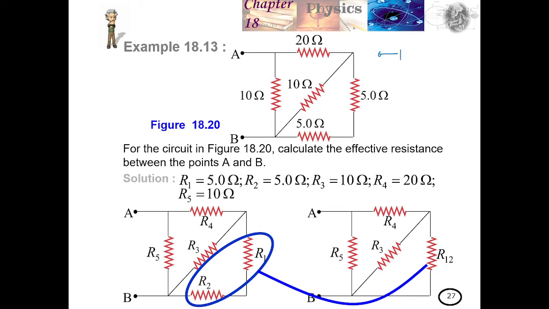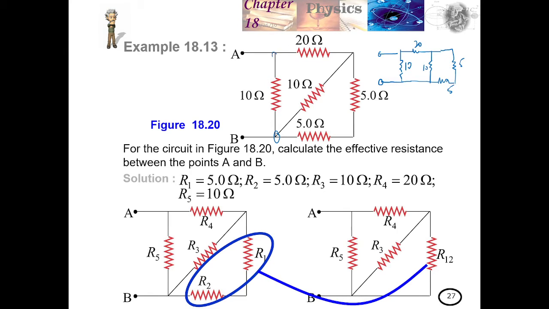So this is the 10 ohm, and then you have a 20 over here, and then a 10 ohm over here, then this is 5. After the 10 goes to 10, you have 5 here, and here also you have a 5. This is 5, this is 5.